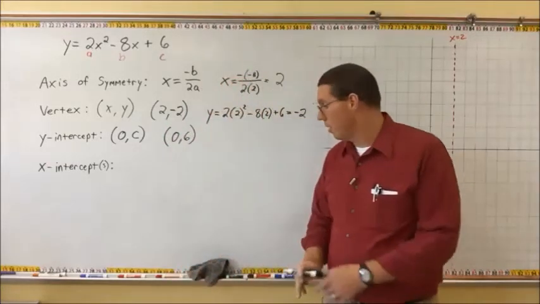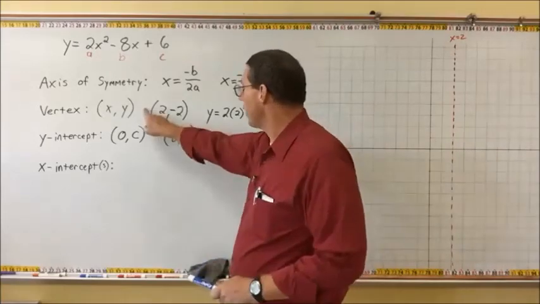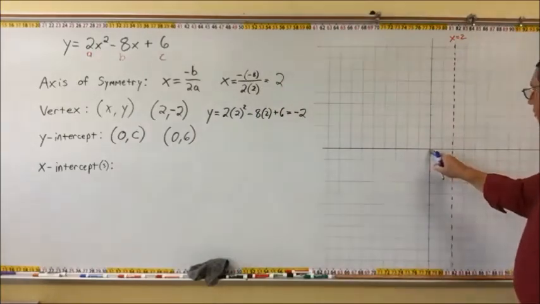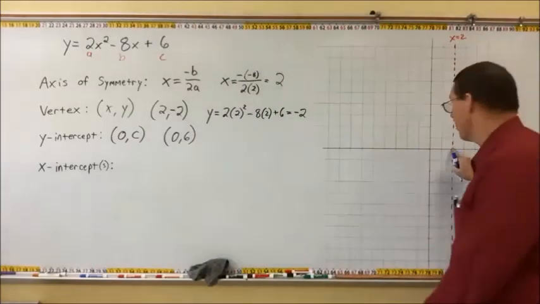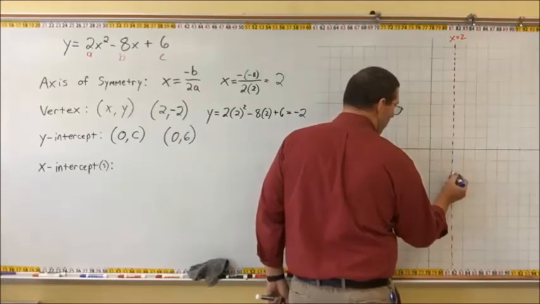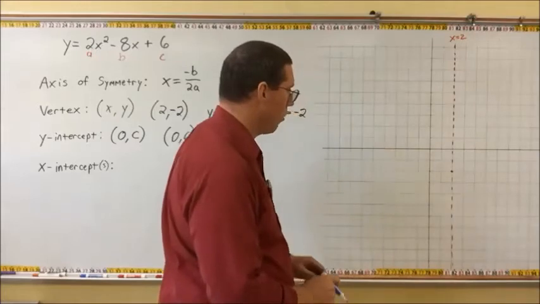That's the y-intercept. So, by the way, let me go ahead and mark here. The vertex is at 2 and negative 2. So we're going to go over to 1, 2, and negative 2. So this point right here is the vertex of this particular parabola.